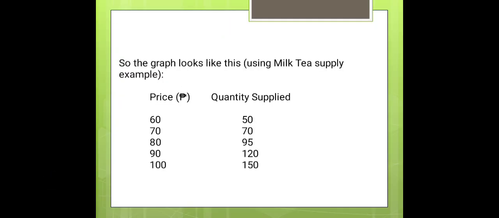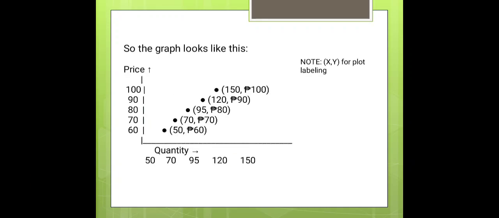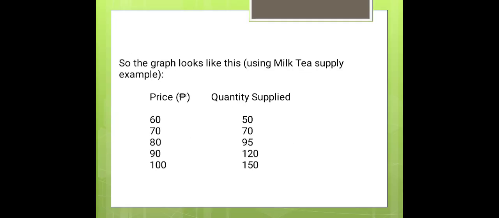Okay? So here we have the sample. So the graph looks like this using the milk tea supply example. We have the pricing table in the quantity supply table. This is what we call as the supply schedule. So if you could see, we arrange them. Okay, here is the given. We're going to arrange the given in the axis, the y and the x axis, the pricing and the quantity from the lowest, the 60, kasi yung 60 yung pinakamababa.